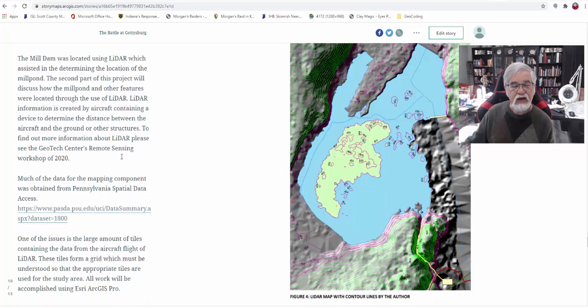Taking LiDAR data, we've been able to plot elevation, and you can see the elevations noted here to actually determine the size of the mill pond. These are contour lines, and again, the closer the contour lines are together, the steeper the slope. Notice this notch here, and we believe that's where the raceway ran to the mill.